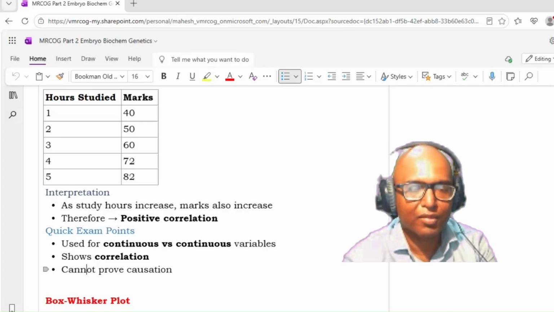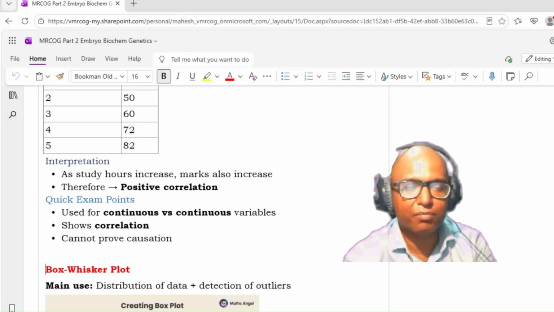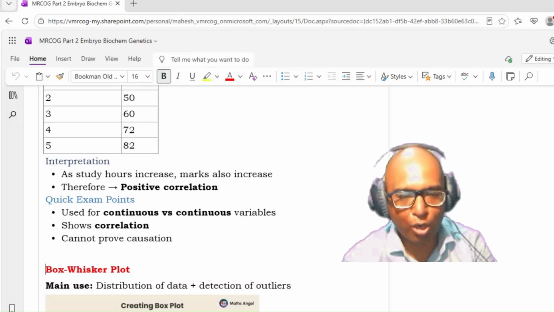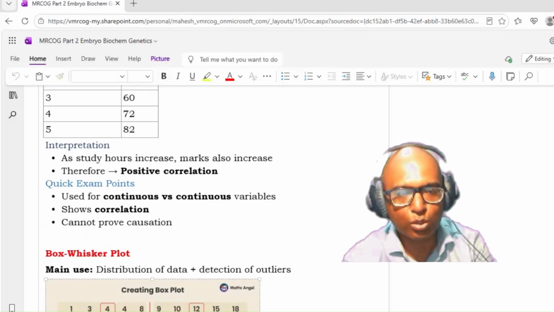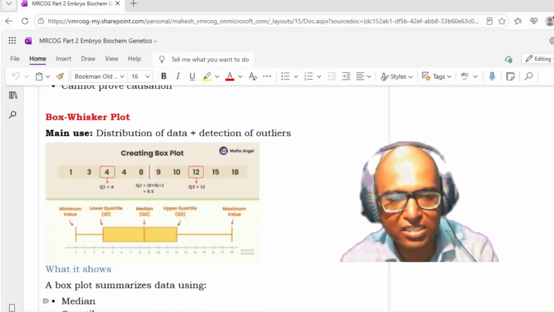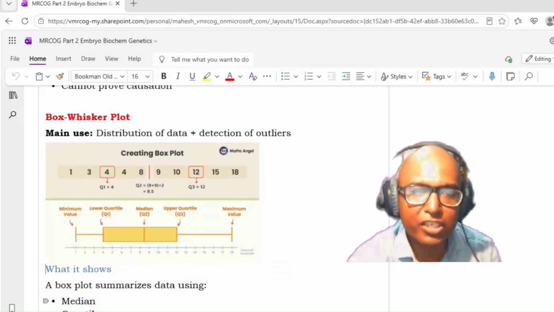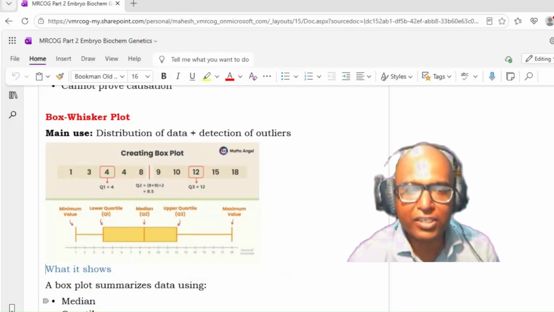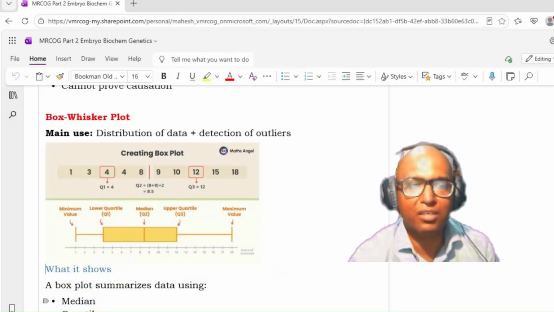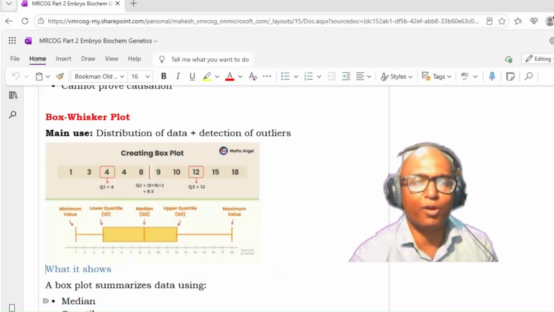Now, the next type of presentation is a box whiskers plot. This is also a very important and frequently asked concept. The main use is the distribution of the data and detection of outliers. That is the importance of the box whiskers plot.